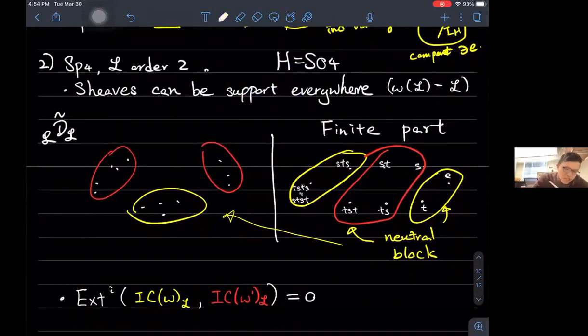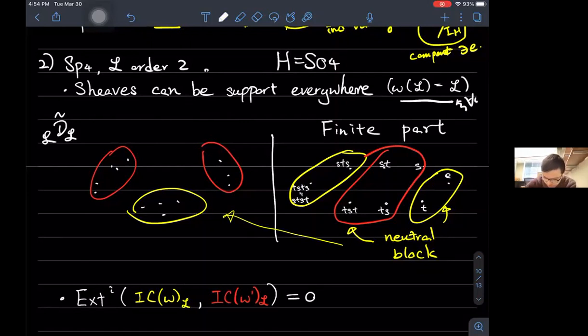Suppose my G is SP4. Again, my L is of order 2, just as above. So H is SO4. The sheaf can actually be supported everywhere because WL is the whole Weyl group, just like in the function case.